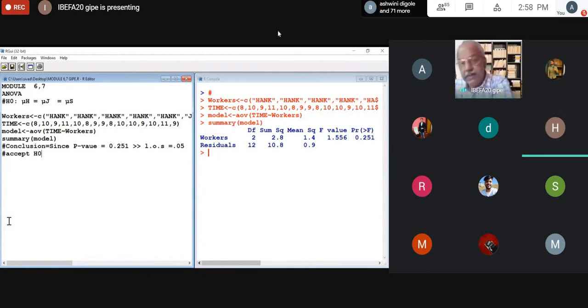Before moving with this ANOVA, could you please give us a brief of ANOVA, like why and where do we use it exactly in statistics? Yeah. In our module 5, we have done testing of hypothesis up to 2 parameters.